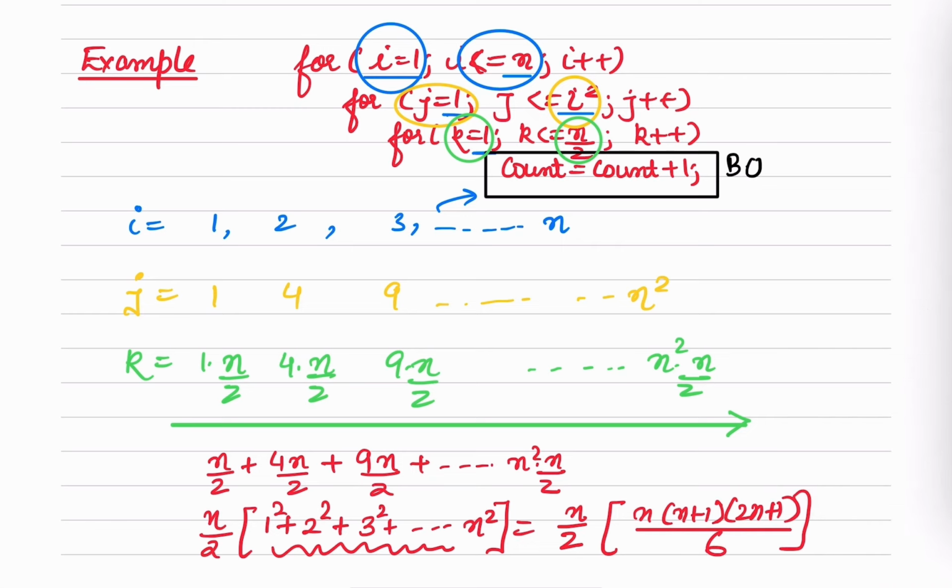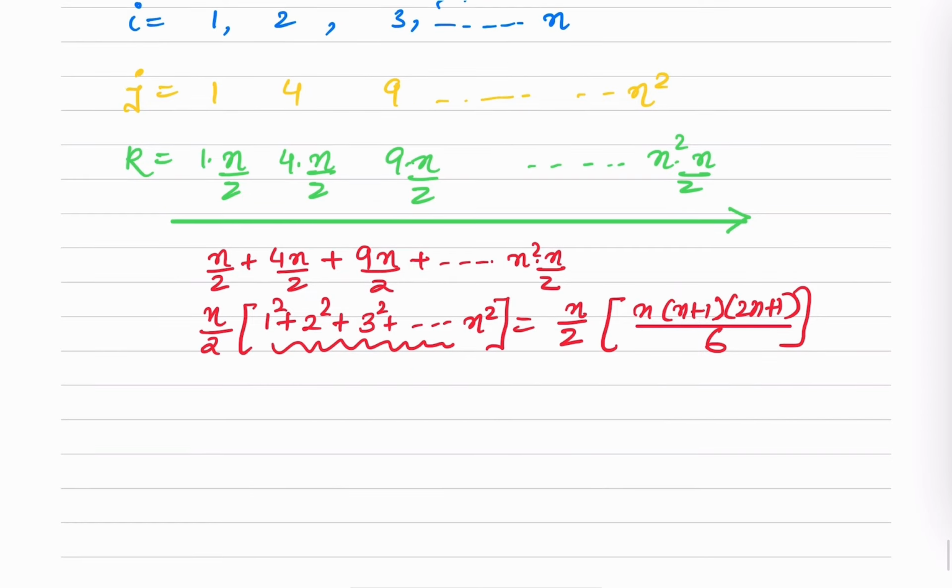So if you solve this here, you get n multiplied by n square, n cube, and n power 4. So I'm not solving the complete expression, but I understood that it is nothing but of n power 4, right?